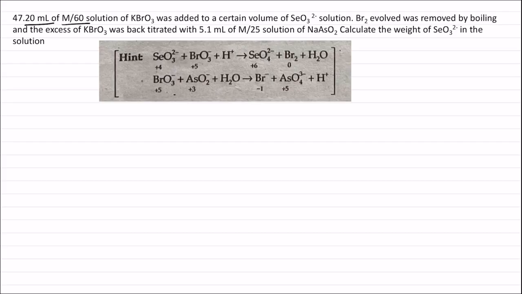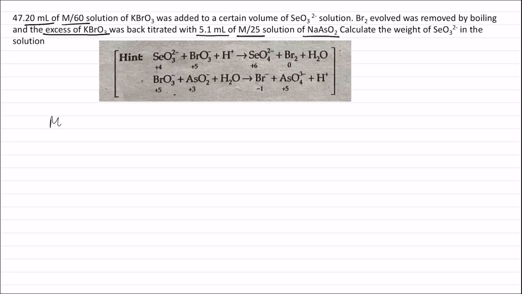Now the equations are given, and initially some amount of KBrO3 reacts with SeO3²⁻ and excess of KBrO3 is back titrated using 5.1 milliliter of M by 25 NaAsO2 solution.